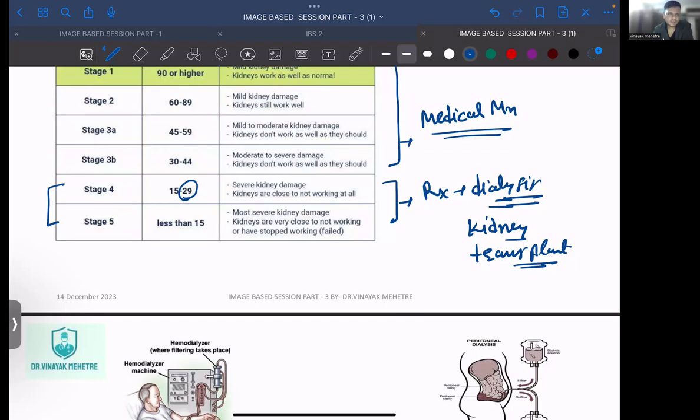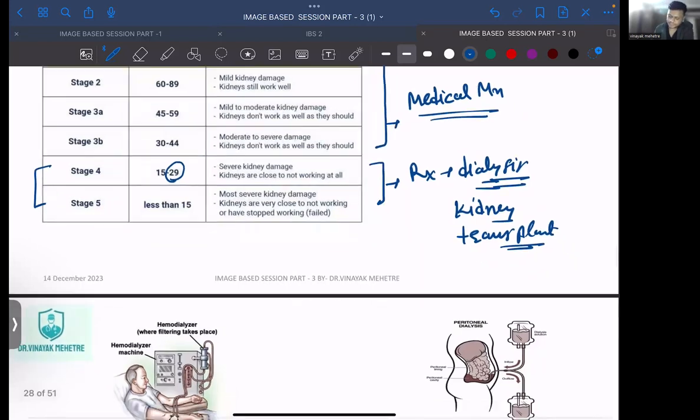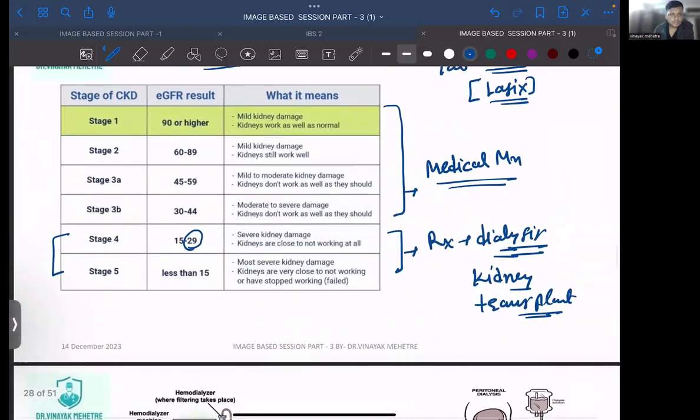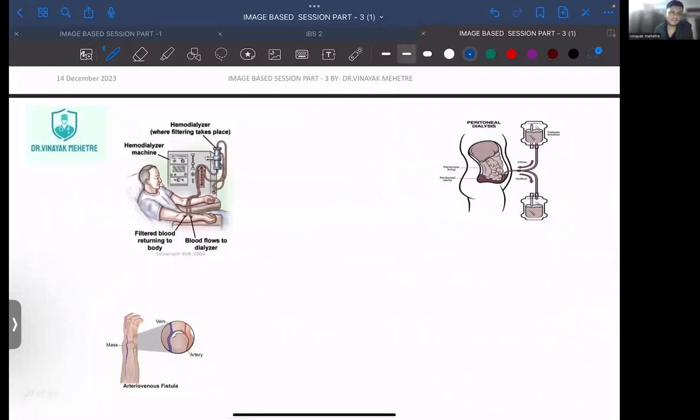Three times a week dialysis in India means you need 1 lakh rupees. Simple logic. So we need to transplant the kidney, and kidney transplantation is also not easy. So please take care of your kidney, or else you will lose your life as well, and you will lose the money of the family as well. CKD patients find it very hard to live. Even if you transplant the kidney, we don't know how long that kidney will survive.